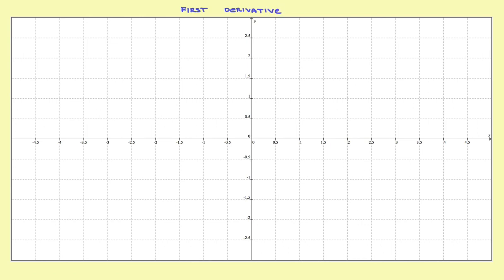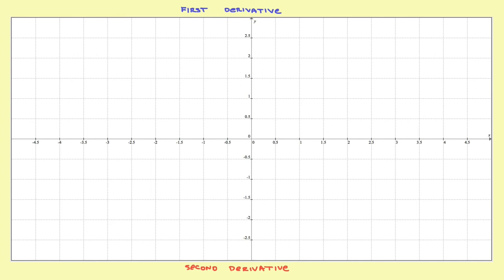Then at the bottom of the graph, we'll put all the second derivative information, and we'll put that in red. So we'll make this be the second derivative. Again, this is exactly like what we did in that first video, so hopefully you've watched that. First derivative information in blue at the top of the graph, second derivative information in red at the bottom of the graph. That'll give us a good start.